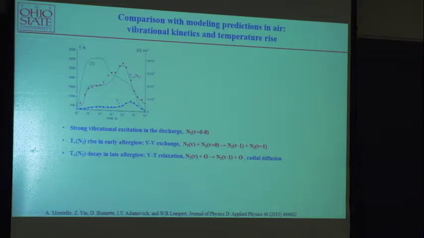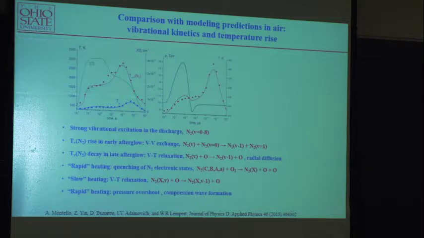This is the vibrational energy transfer. And also the vibrational-translational relaxation, for example, the vibration level going down and then the atoms getting hot. This is a clear indication that in the plasma this vibrational non-equilibrium energy transfer becomes very important.